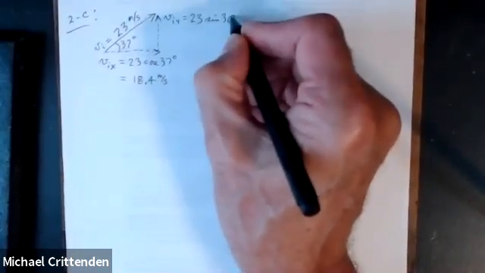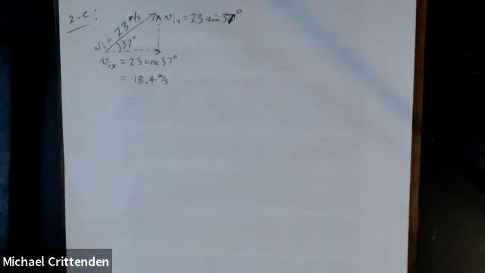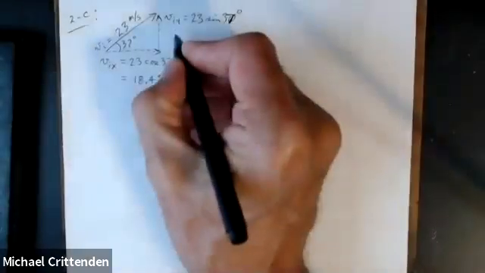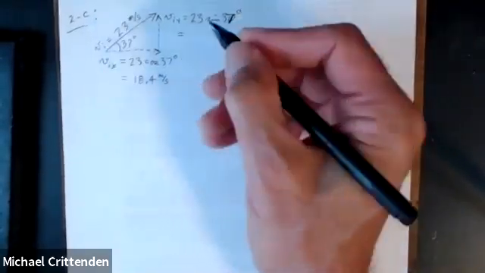Yep, 37 degrees. Hypotenuse times sine is the opposite side. And run your fingers over the calculator a few more times, and you've got 13.8.